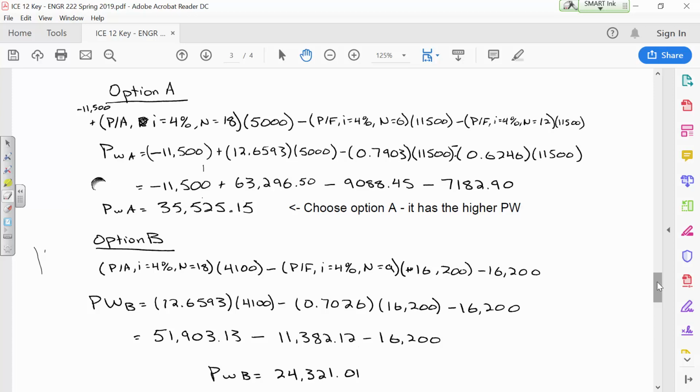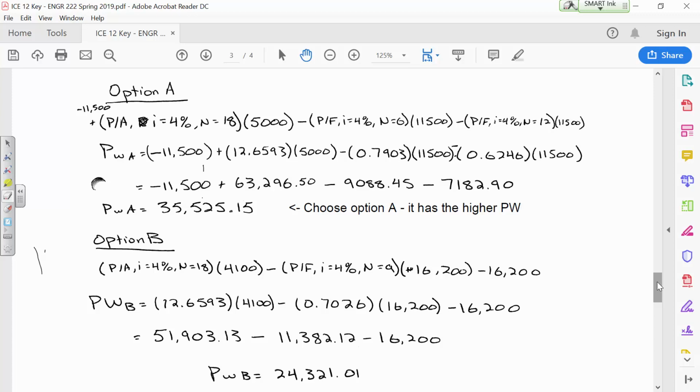So the method is take all the amounts to the present. The criteria is choose whichever alternative has the highest non-negative present worth. If they both had negative present worths, then our answer would be do nothing. But in this case, they both have positive present worths, and so both options are acceptable.